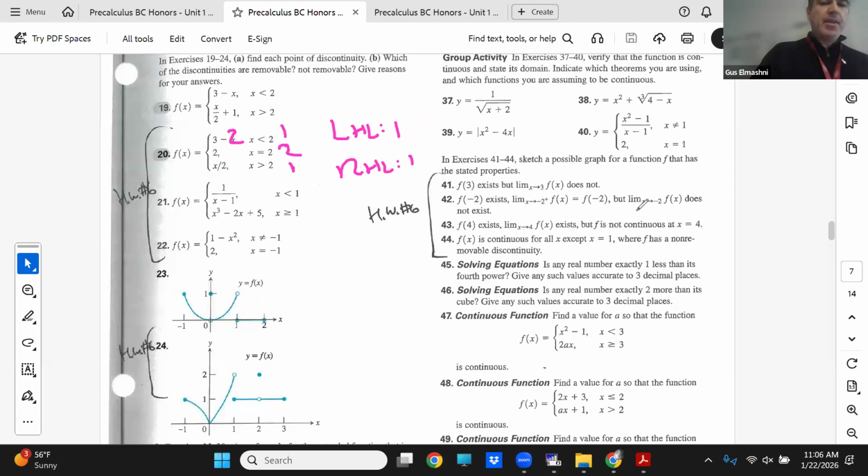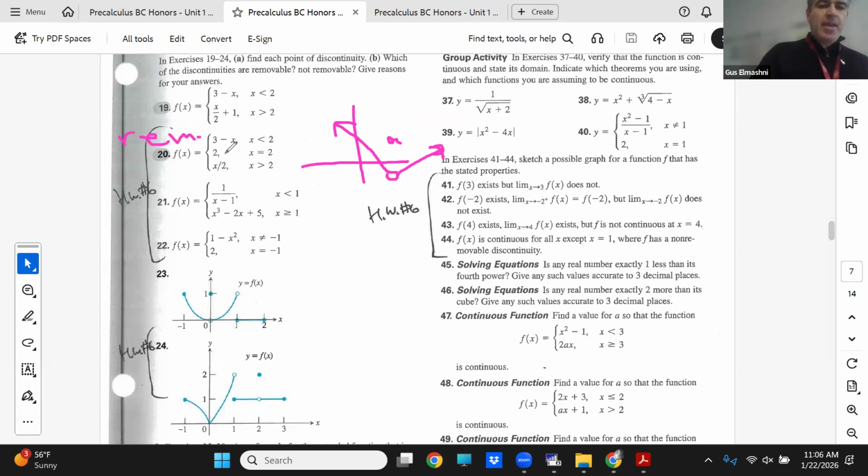That's removable, because graphically speaking, it's going to look something kind of like this. The left and right-hand limits exist. That's why it's removable for 20.